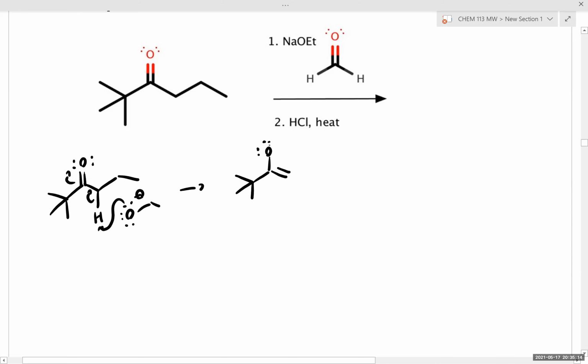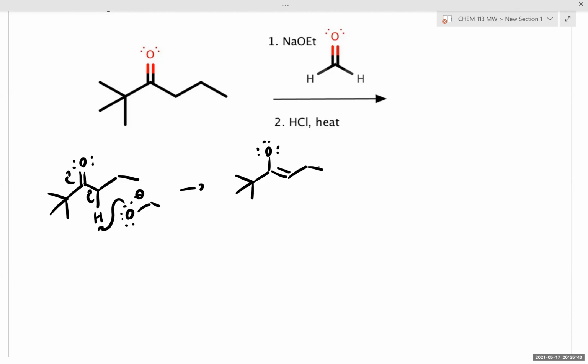And from here, what happens next? We generate our enolate, we add formaldehyde. What happens next? So we've generated a nucleophilic enolate.